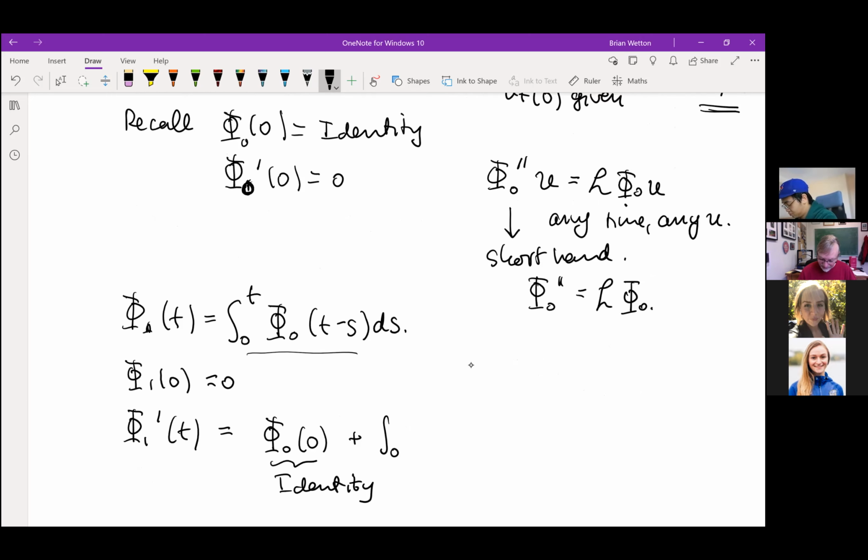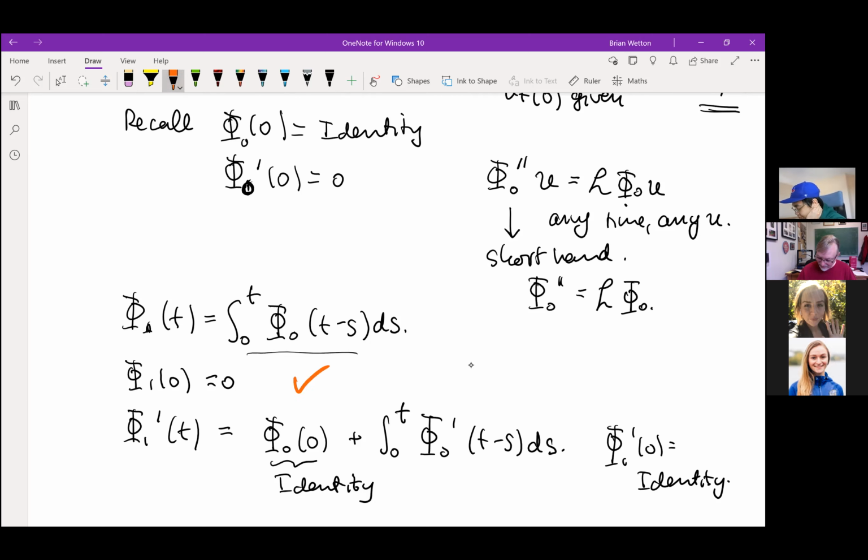Plus the integral from 0 to t of phi0 prime at t minus s ds. So phi1 prime at 0 is the identity. We wanted that.